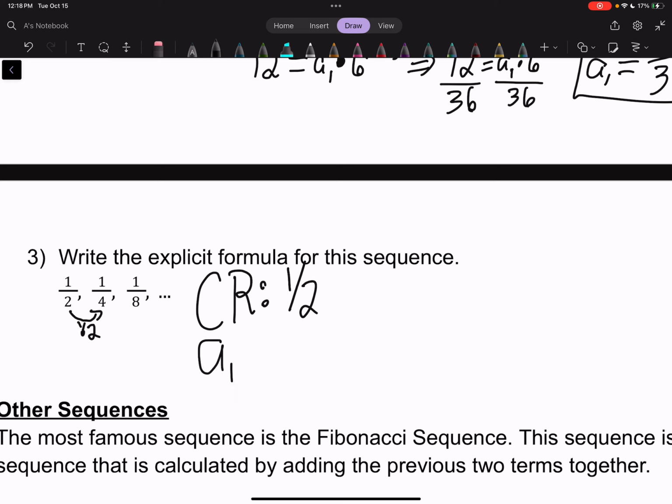My initial term is also 1/2. So, explicit formula: if I want to find whatever term, I'm going to take 1/2 times my ratio 1/2, to the n minus 1 power.